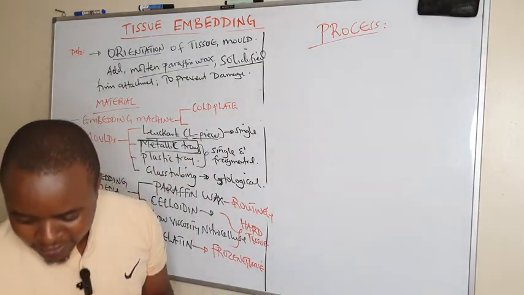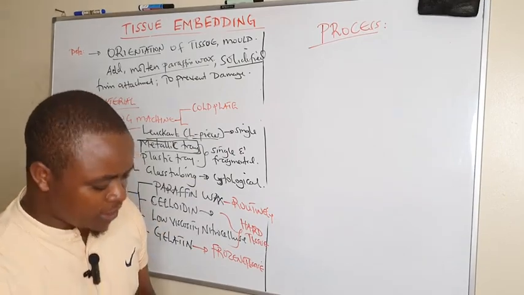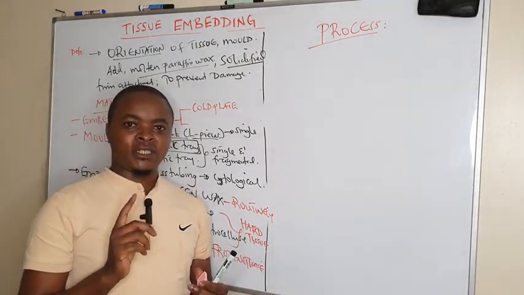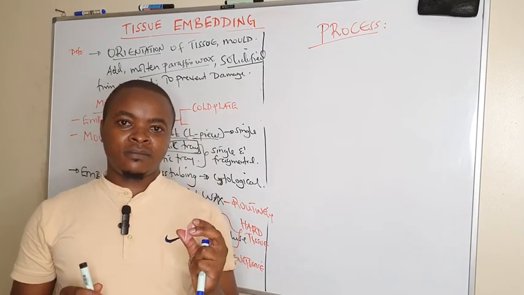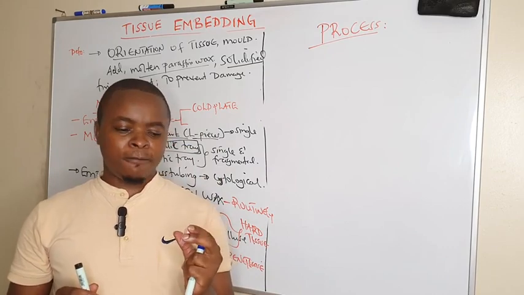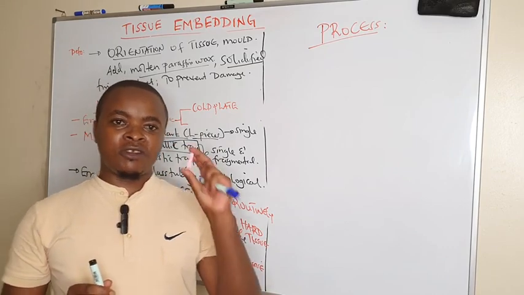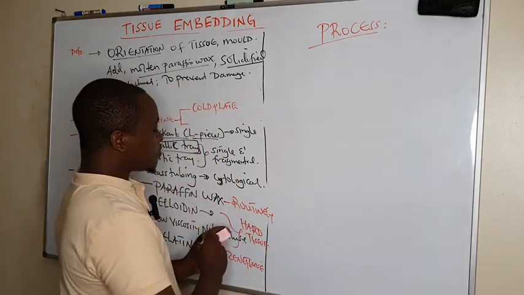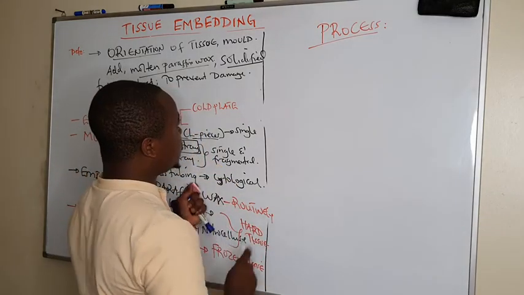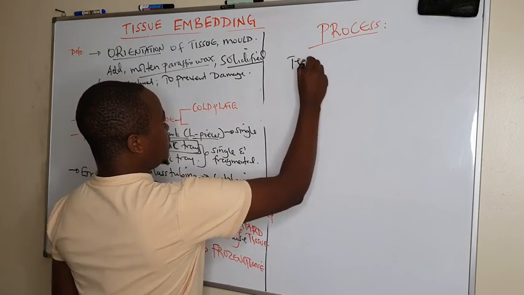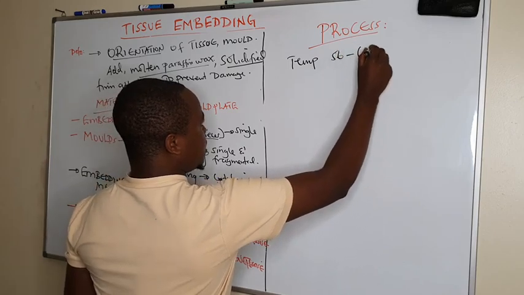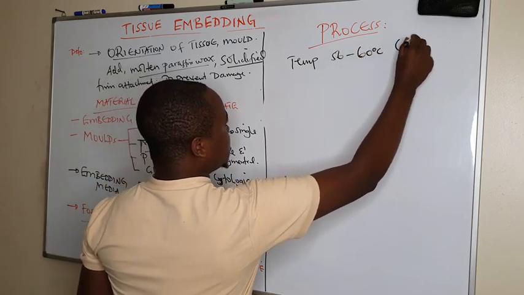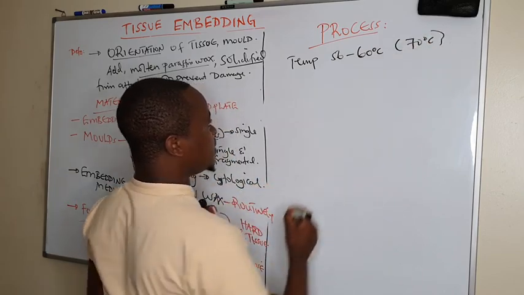The first step is you obtain the tissue cassette from tissue processing, when it is already pre-warmed at a temperature between 56 to 60 degrees centigrade, or sometimes machines go up to 70 degrees.